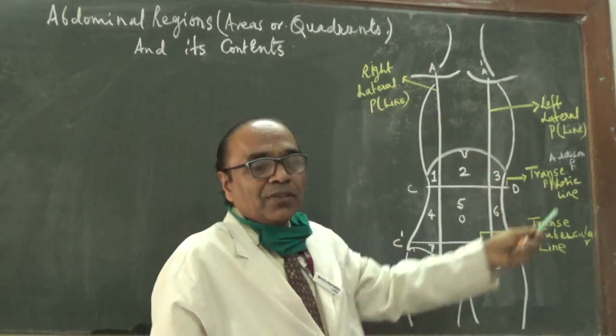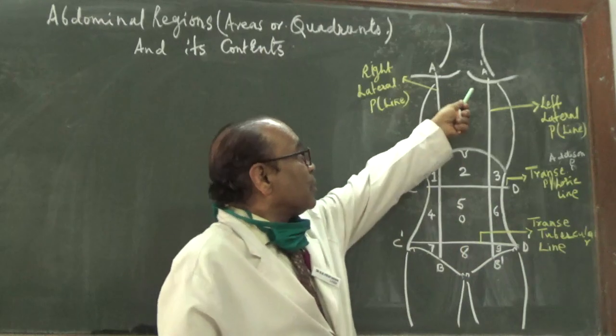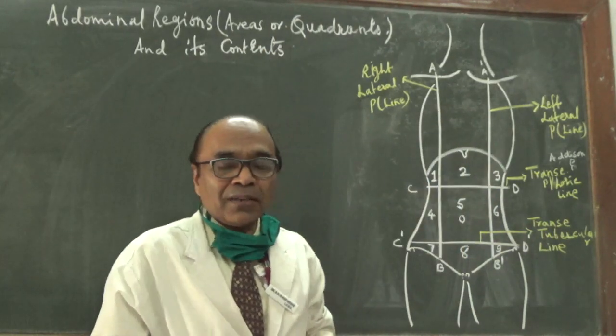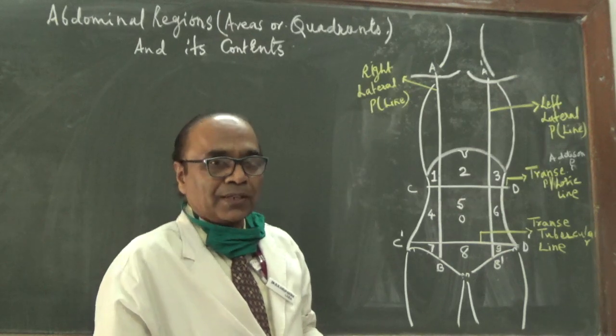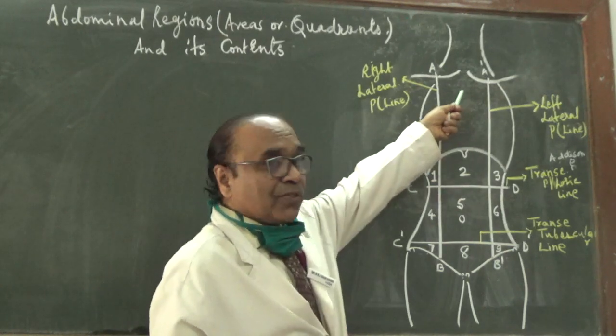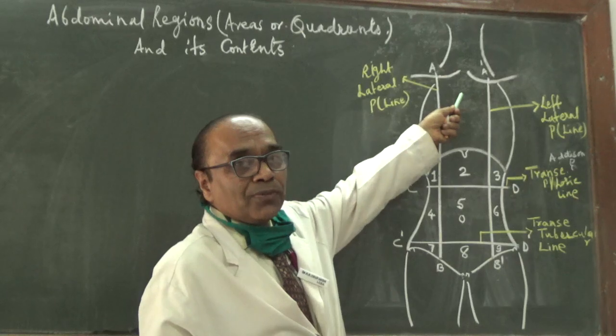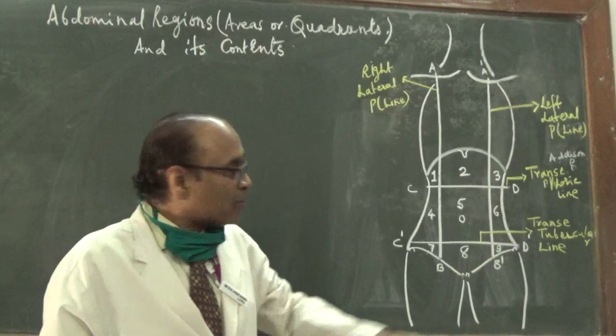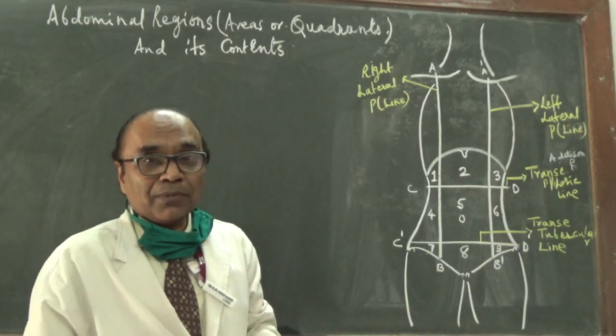Same thing on the other side of the body, A dash, B dash, that will be the left lateral line or plane. This starts from the midpoint of the left clavicle and joins to the midpoint of the inguinal ligament.